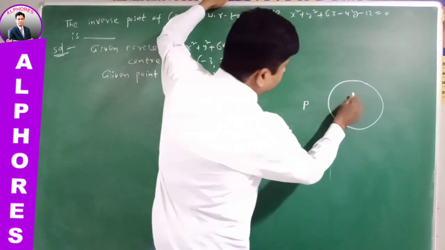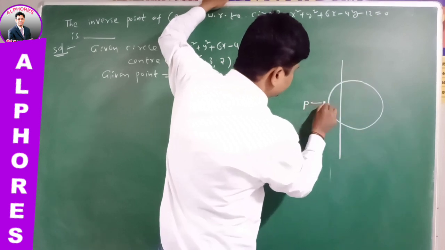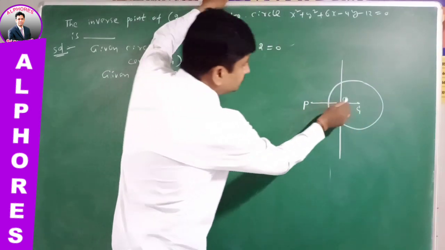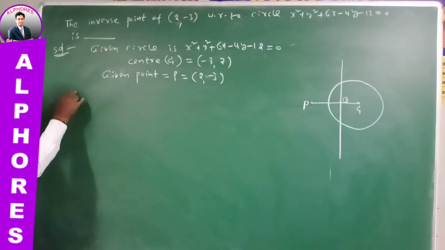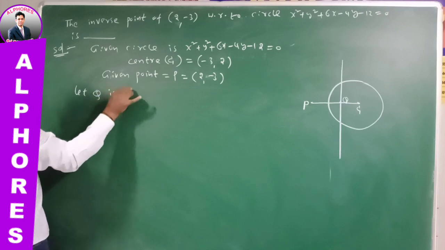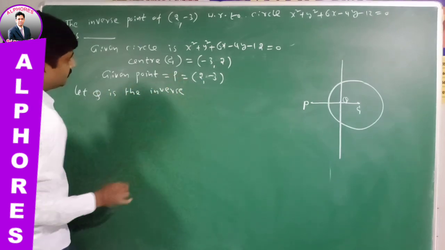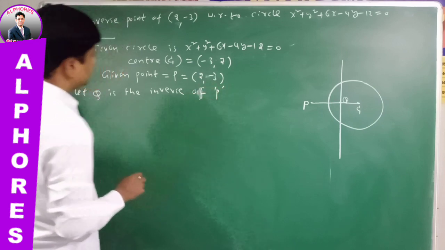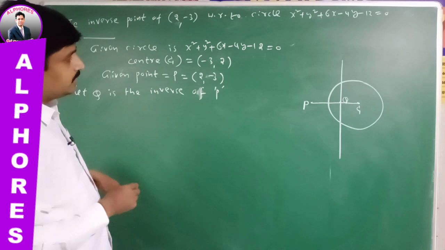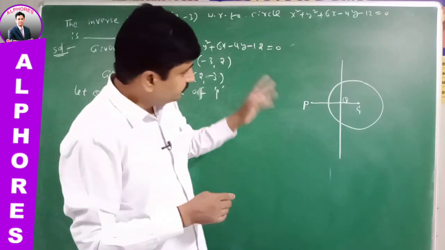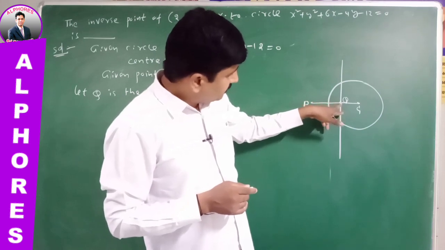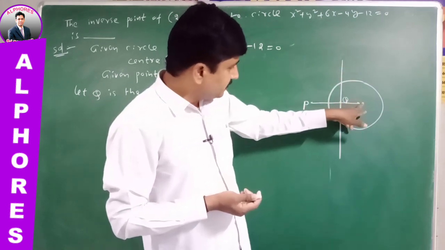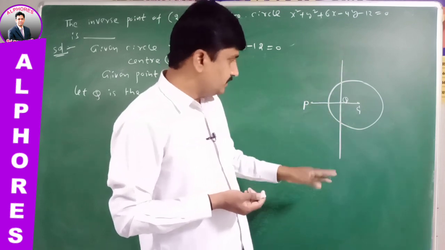Now let Q be the inverse of P. Here Q lies inside the circle and lies on the polar of P. Q is the point of intersection of the line CP and the polar of P. Q is the point of intersection of the line joining C and P and the polar of P. It is one process.